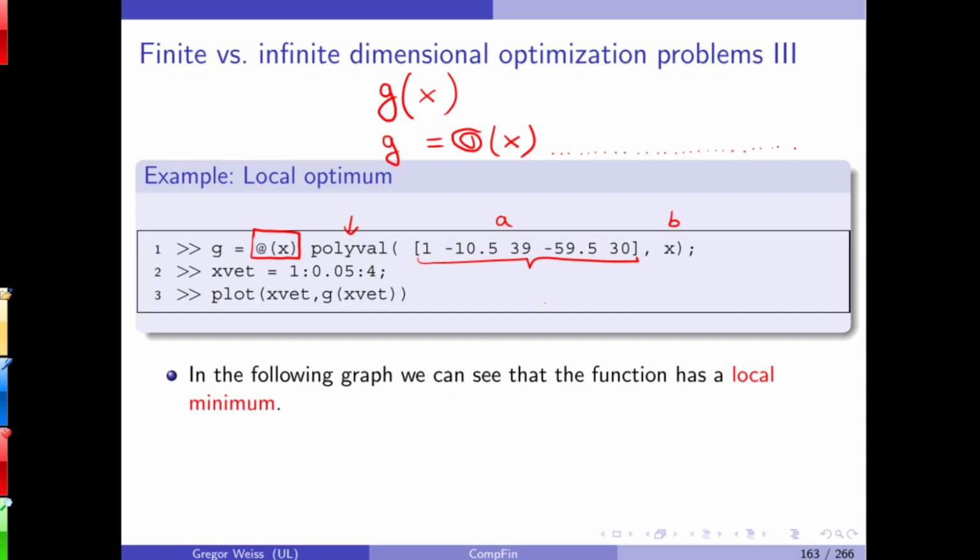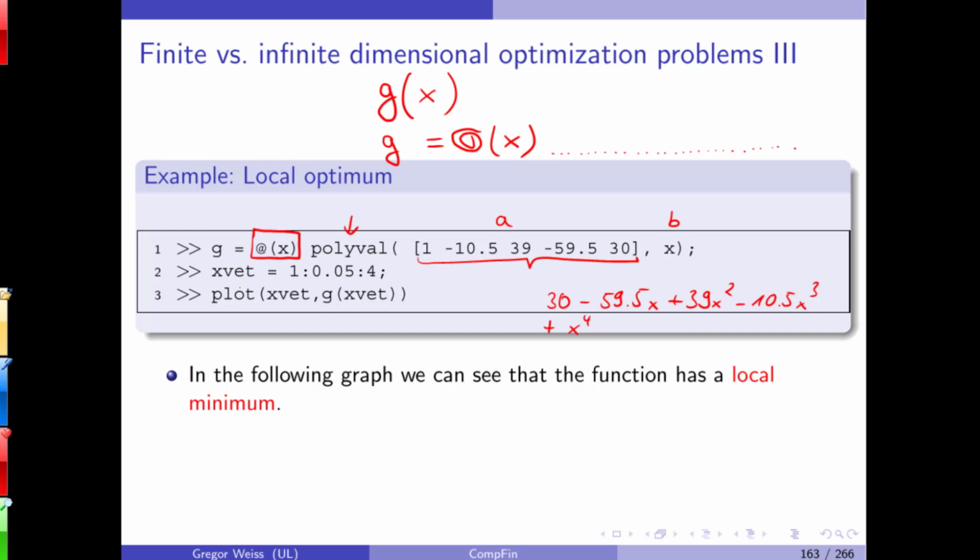So this here gives you 30 minus 59.5x plus 39x squared minus 10.5x to the third plus x to the fourth. So this is a very simple polynomial, and we've just defined g as this polynomial.